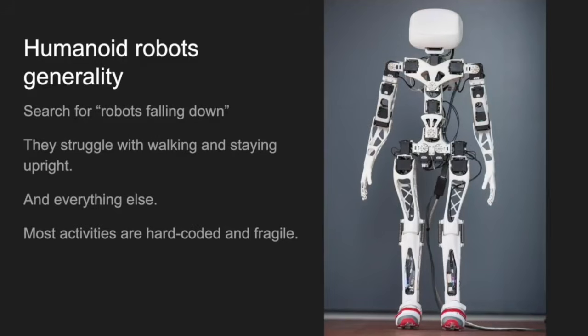Because the systems are so complex, because the hardware and the sensors have so much going on, and because most of these are deployed as research projects, most of these activities are fairly hard-coded and pretty fragile. They make a lot of assumptions about the nature of the hardware, what's going on, the nature of the environment, and if any of these assumptions are violated, the robot's performance fails.